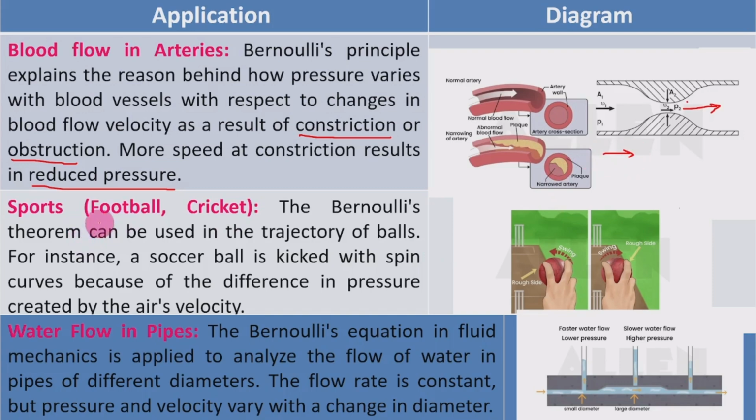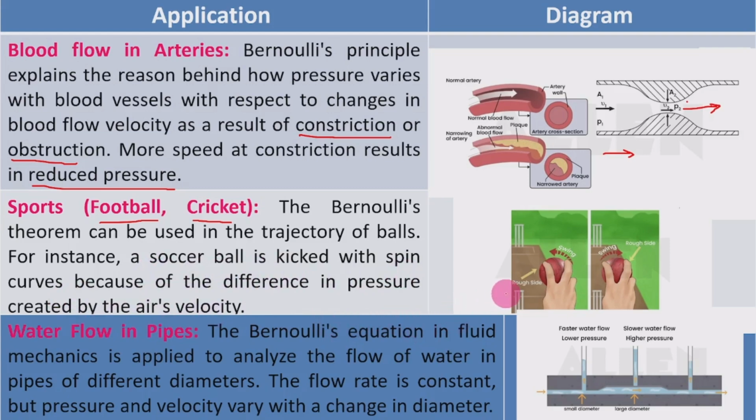The next application is sports, that is football or cricket. Here Bernoulli's theorem can be used for the trajectory of balls. For instance, a soccer ball kicked with spin curves because of the difference in pressure created by the air velocity.